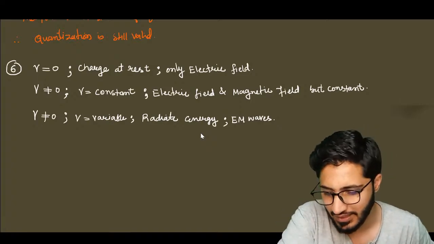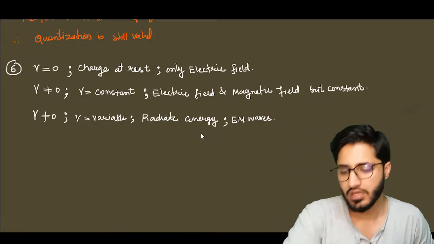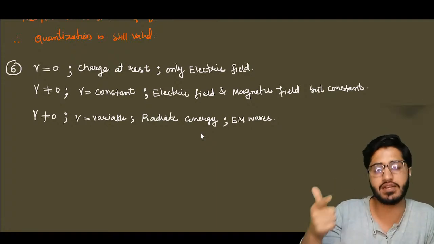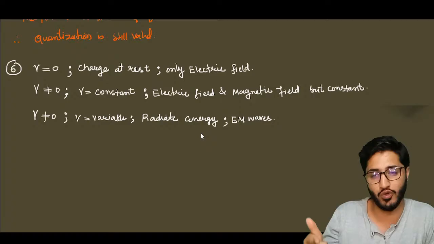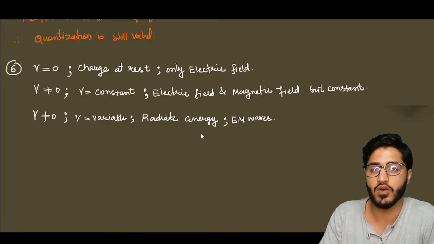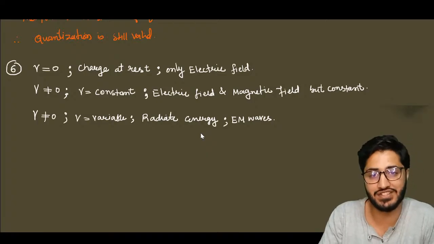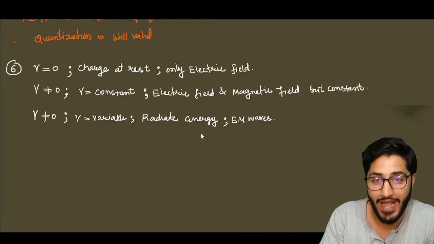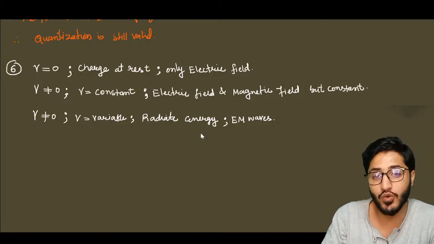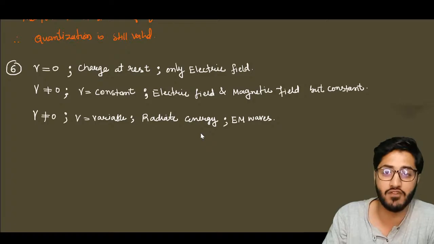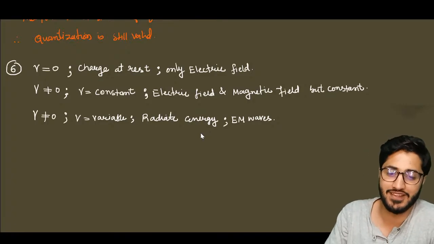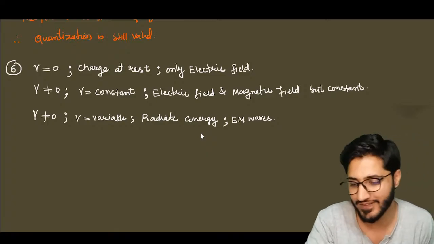If your particle is in non-uniform, accelerated motion, it will radiate energy, which you can call an electromagnetic wave. So from this property, you can conclude that in an electromagnetic wave, we have a particle in accelerated motion.